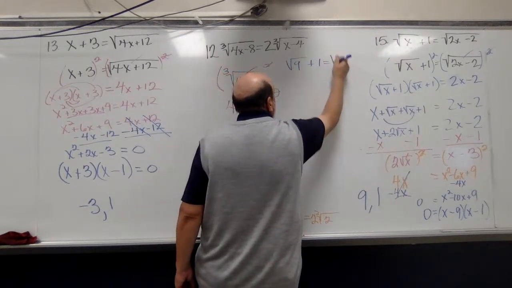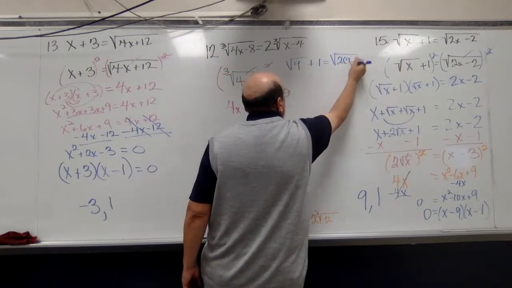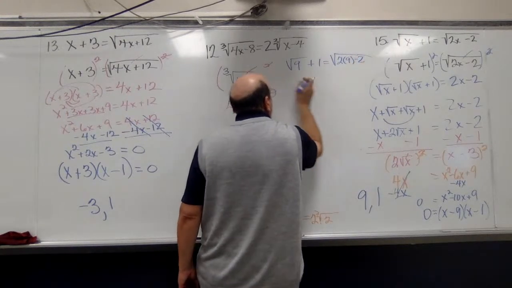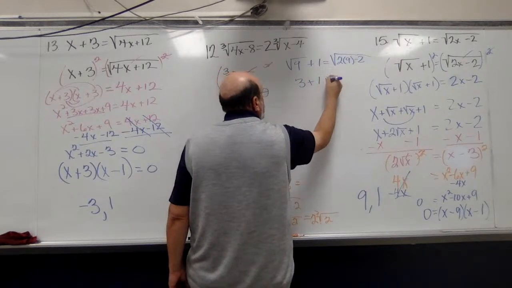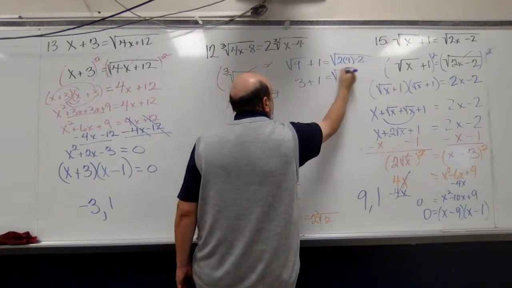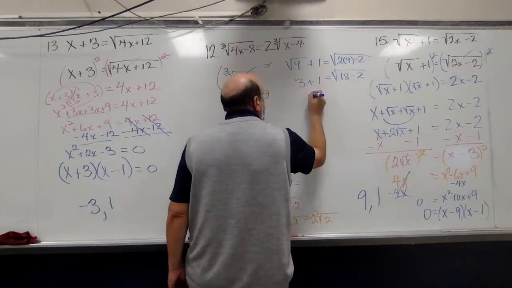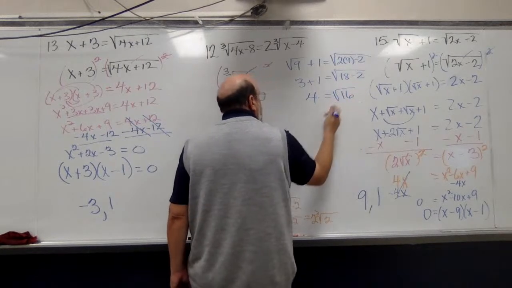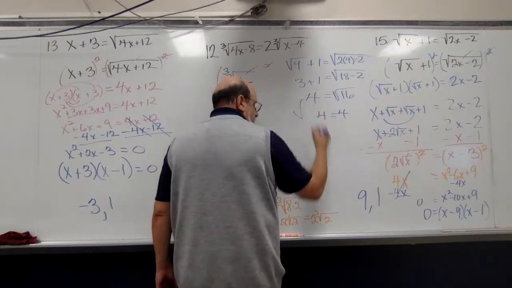The square root of 9 is 3. 3 plus 1 is equal to the square root of 18 minus 2. So 4 is equal to the square root of 16. We know that that's true. 4 equals 4. So this checks out.